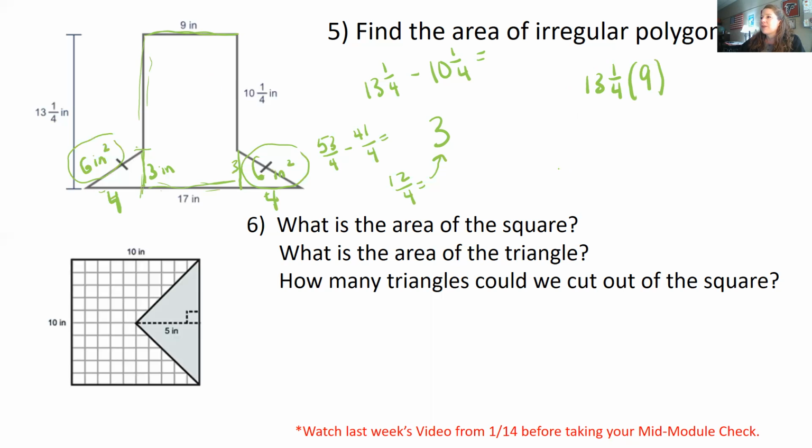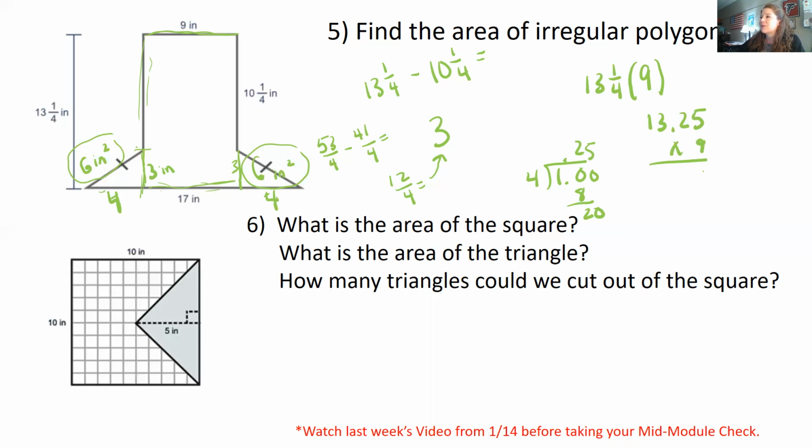Well, if I want to turn that fraction into a decimal, put the top dog in the house. The 1 goes in the box, 4 outside. 4 goes into 10 twice. The 2 left over, bring down a 0. And 4 goes into 25. So 13 1/4 is the same thing as 13.25. We're going to multiply that by 9.